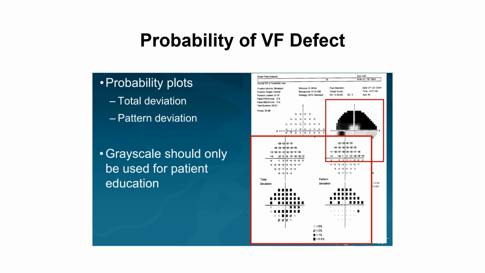The pattern deviation represents the localized irregularities, like the PSD, the pattern standard deviation. So here is the total deviation probability map, or numerical probability map, and here is the pattern deviation probability map, and you will see them along with the grayscale map at the bottom of the printout.